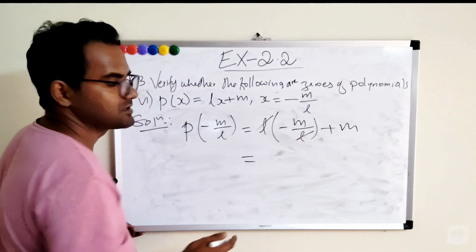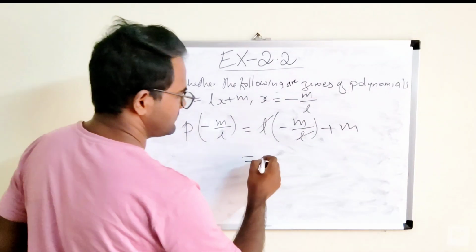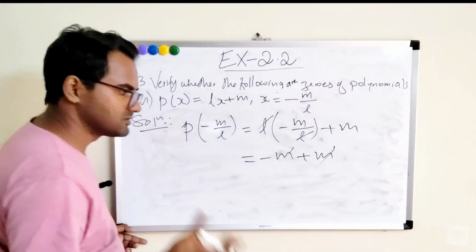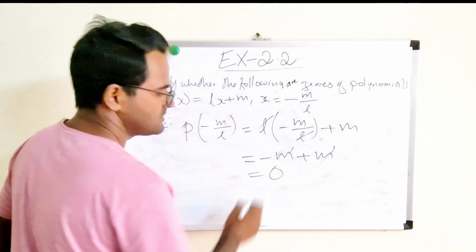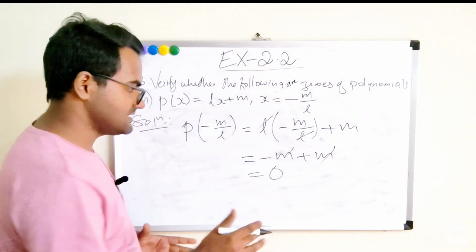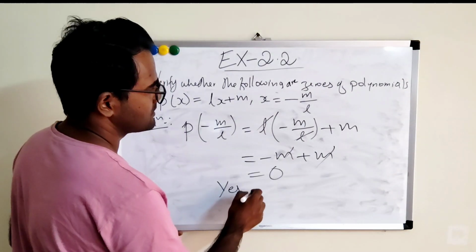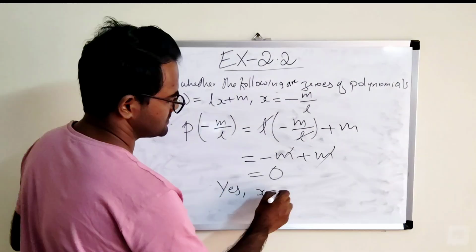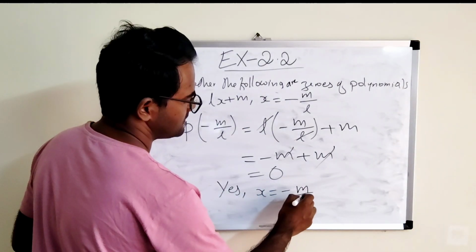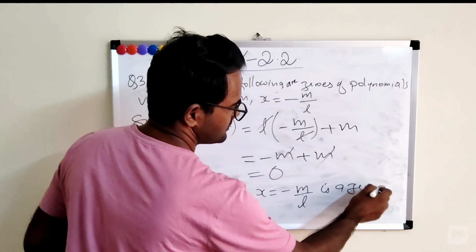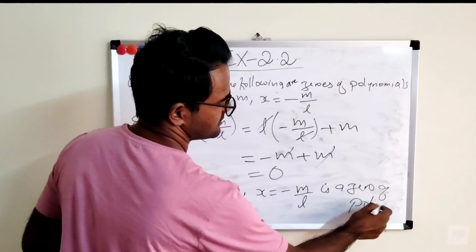Now l into l is gone, right? Again we are left with minus m plus m. So this one is also gone. What is left? Only 0 is left, which means yes, x equals minus m by l is a zero of the polynomial.